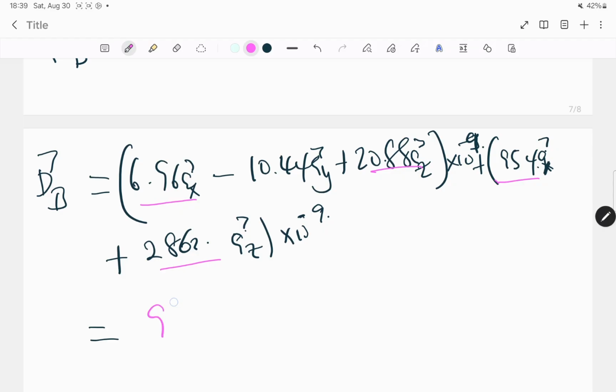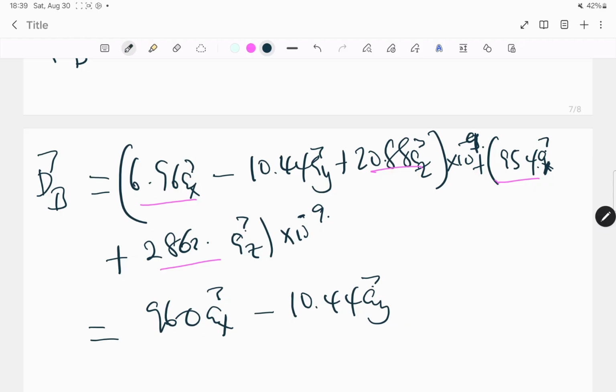That would be 960 along the x-axis. We have minus, this one just remains the same, 10.44.